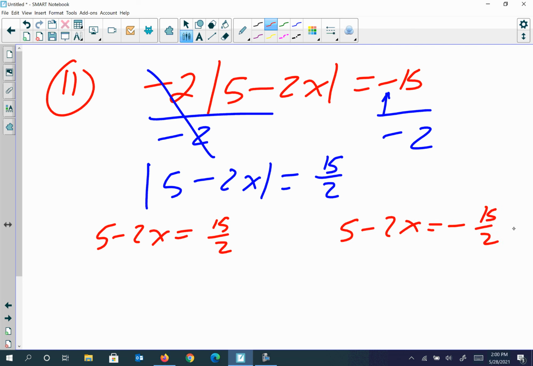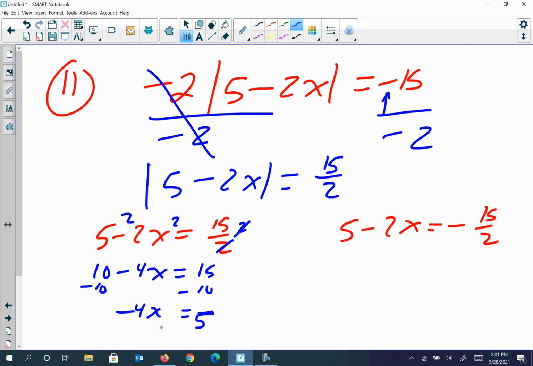Now a little trick on this one that we could do at this point is let's get rid of the denominator. So if we multiply everything by 2, because those cancel, and then this will solve nicely. You don't necessarily have to clear the denominator on this, but it seems to work out nicely.